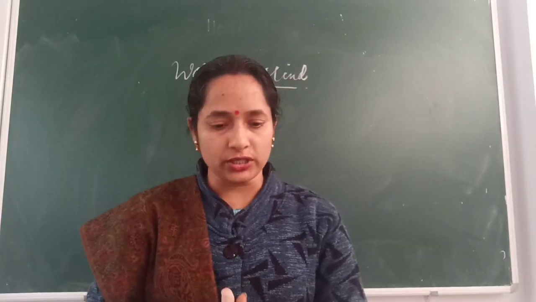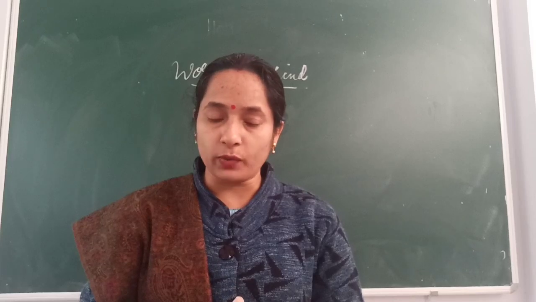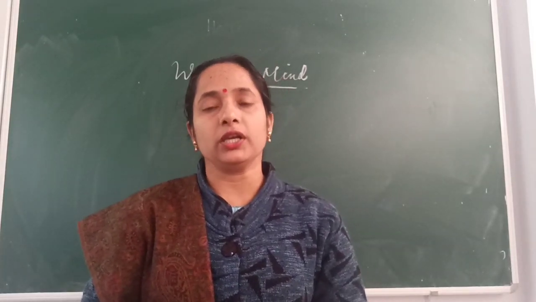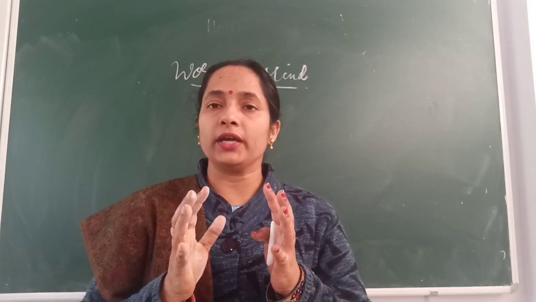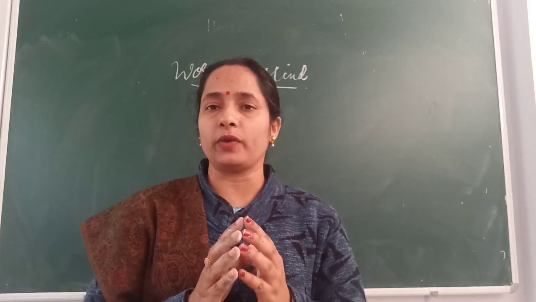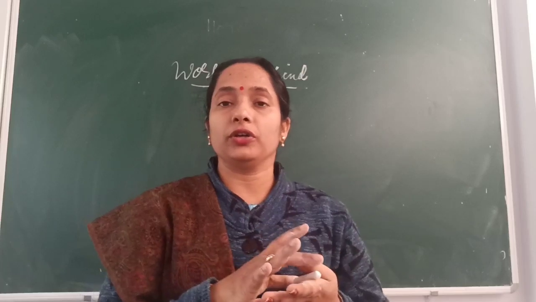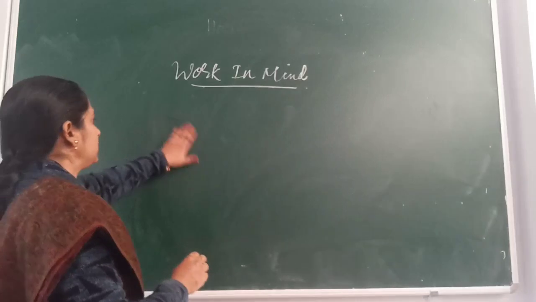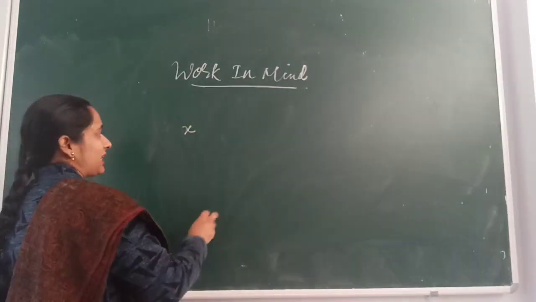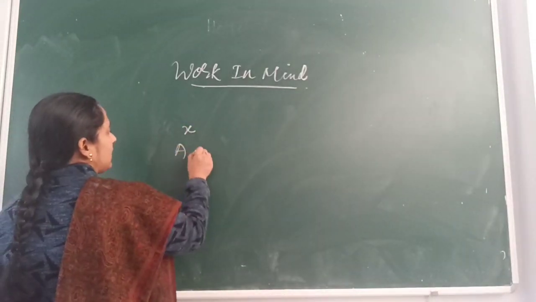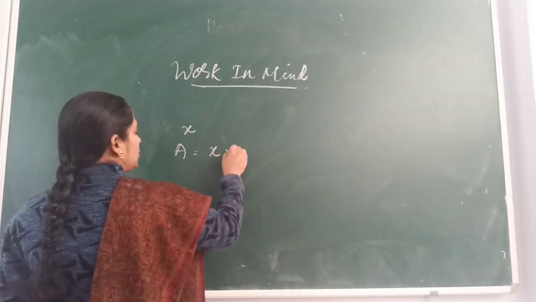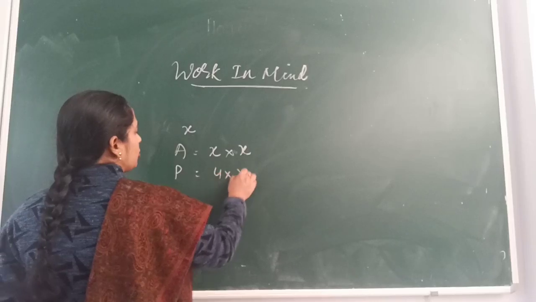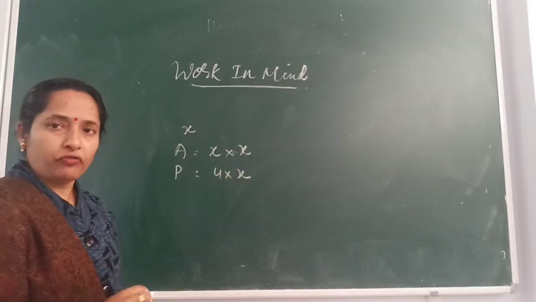So here the first question is, what is the side of a square whose perimeter and area are numerically equal? Listen, whatever be the side of a square, suppose you assume the side as x, then its area will be x into x, whereas its perimeter will be 4 into x.